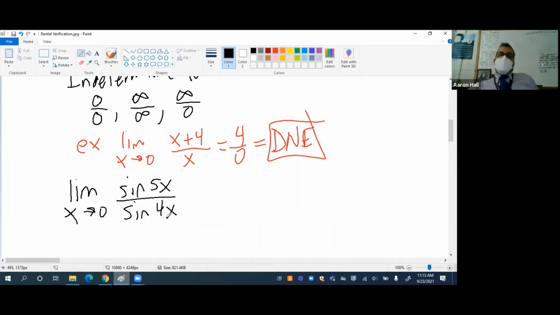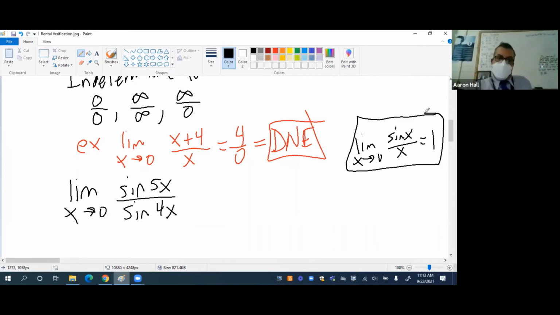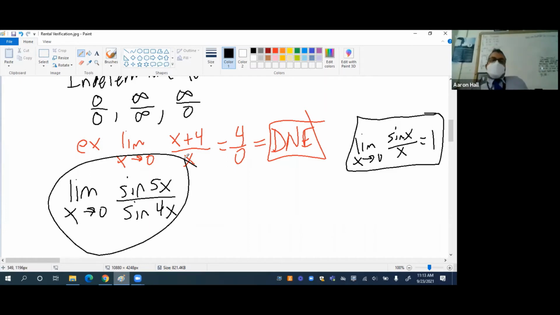What was our first flashcard? The limit as x approaches 0 of sine of x over x is 1. Is there some way that I can apply our first flashcard to this mess?